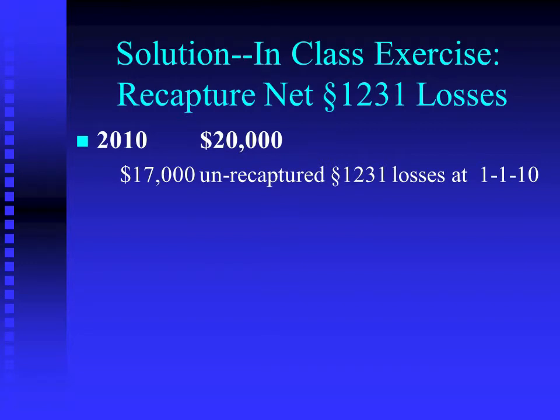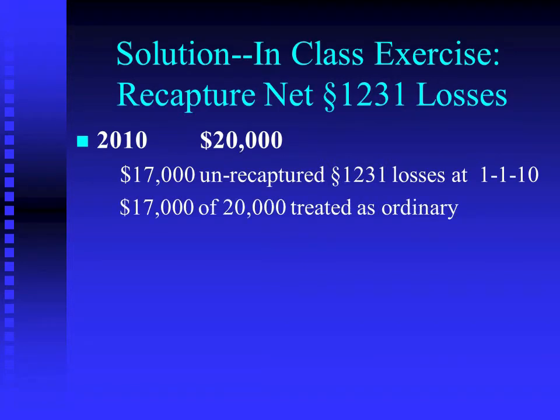So that means that the first $17,000 of my net 1231 gain is ordinary, and the rest of it is a long-term capital gain. But the good news is I have wiped out my IOU. Right? If I never have a loss again, my net 1231 gains will always be long-term.